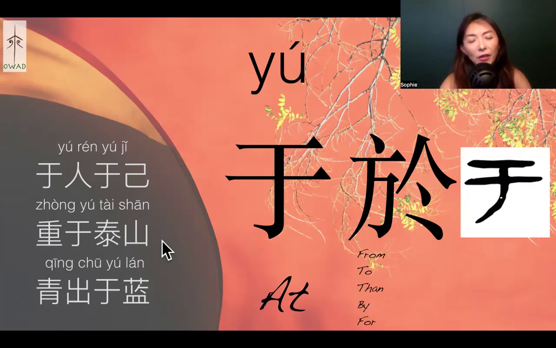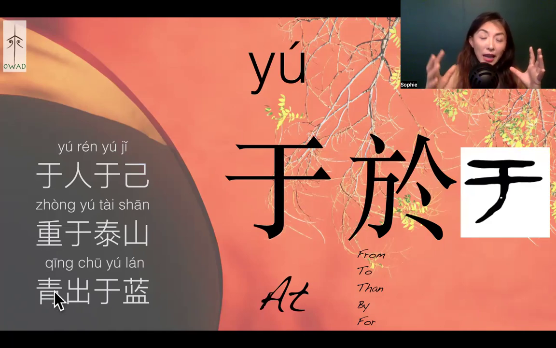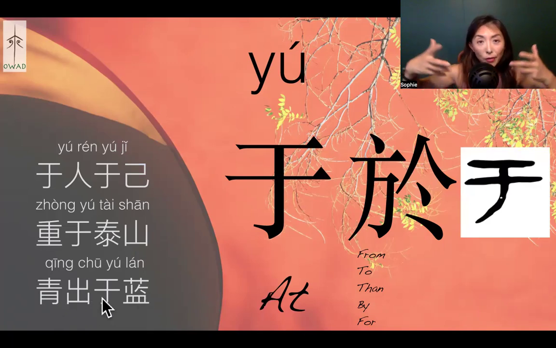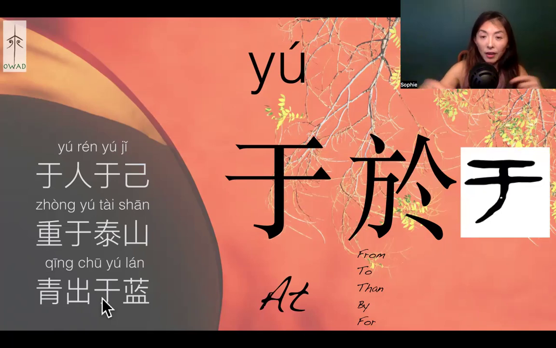Okay, 青出于蓝. This 青 is kind of between blue-green color. It's a color of life. I talked about this before, that this color is a blend from the blue. So here we're talking about 出于, out, come out.